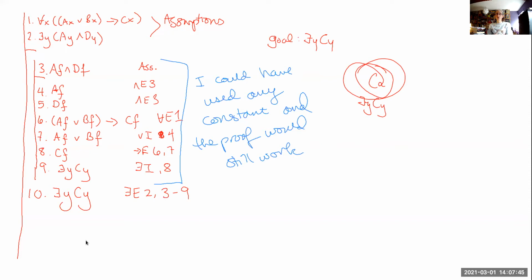So I could have chosen D, I could have chosen P, I could have chosen G, I could have chosen A. Whatever letter I happened to write down did not actually impinge on what I was able to prove in the end, because all I proved was this more generic statement that there's something that is C. I don't make any assumptions about what it is named. So there's your first example of a proof involving existential elimination.